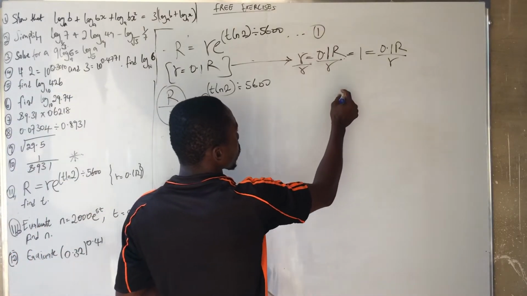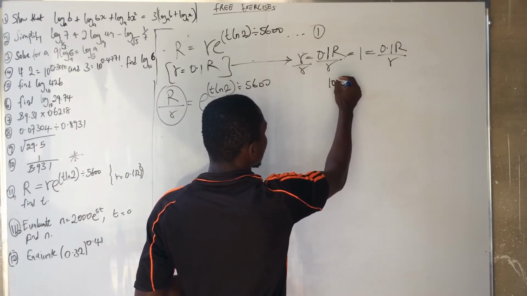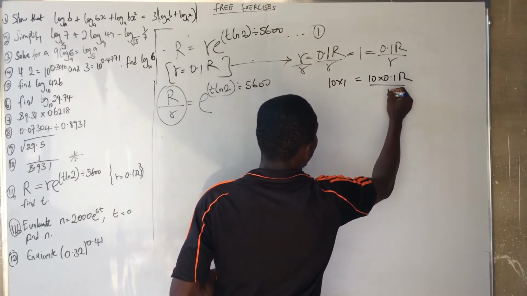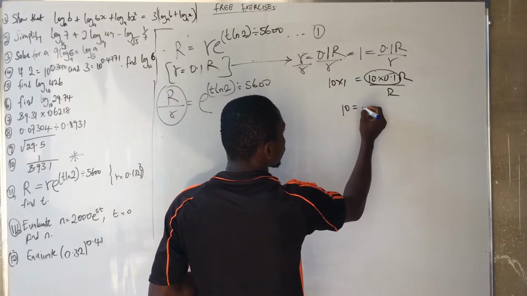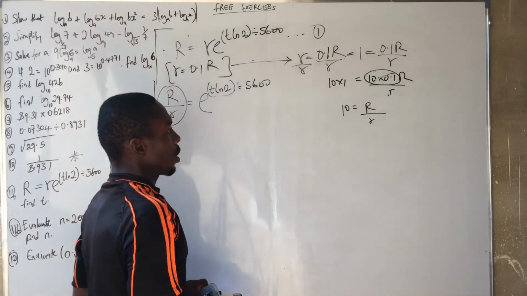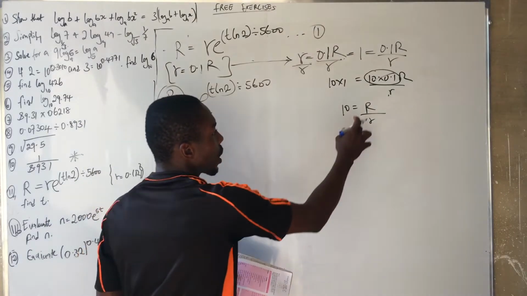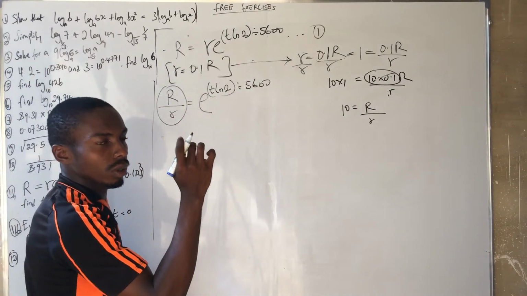To get rid of that 0.1, I'm going to multiply both sides by 10. So 10 times 1 is equal to 10 times 0.1 R over R. Of course, this will eliminate, so I have 10 is equal to R over r, meaning my capital R over small r is equal to 10.